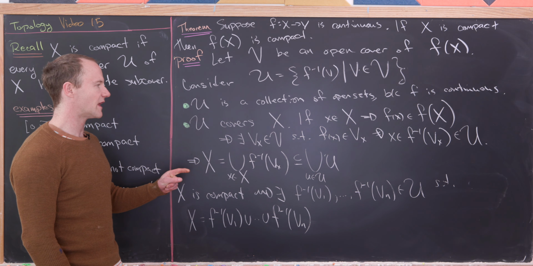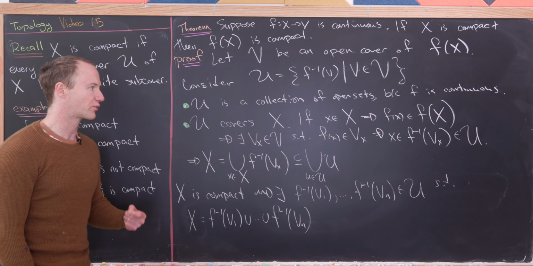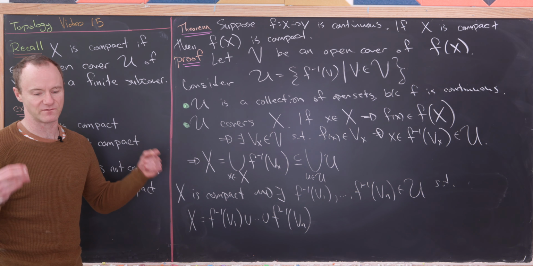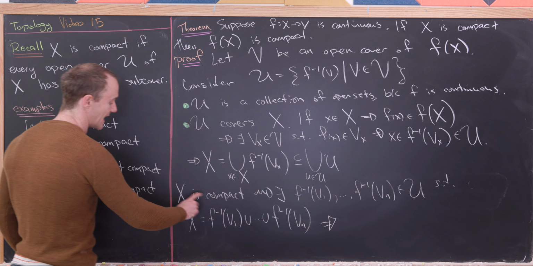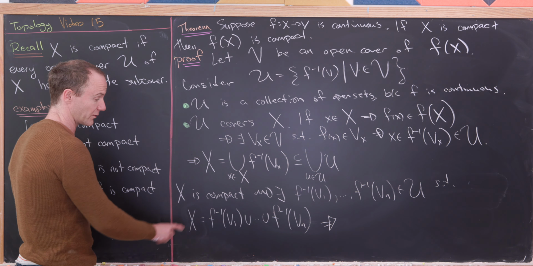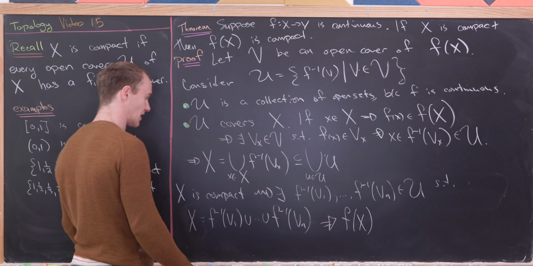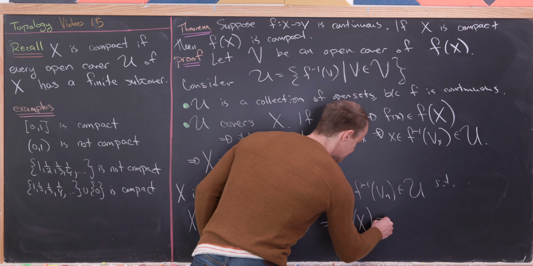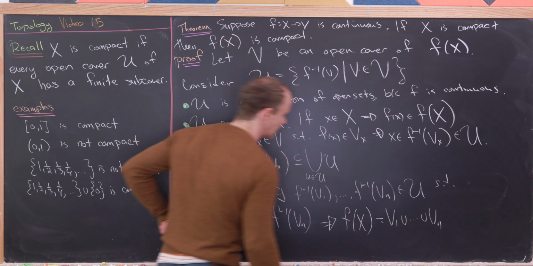It just turns out that the elements of our cover U are of this weird form. They're pre-images of things inside of V, but that's really not a huge deal. Okay, so now we'll apply f to this formula right here, and we'll see that f(X), the image of our function f, is simply equal to V_1 union all the way up to V_n.